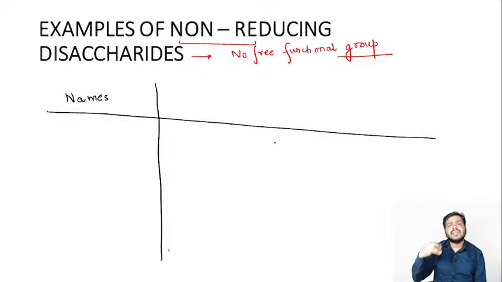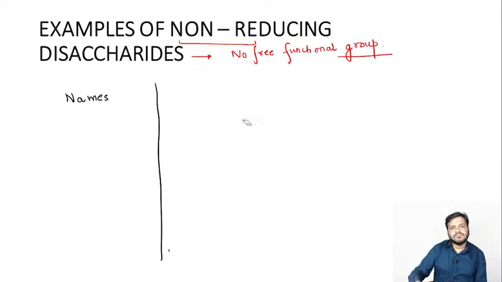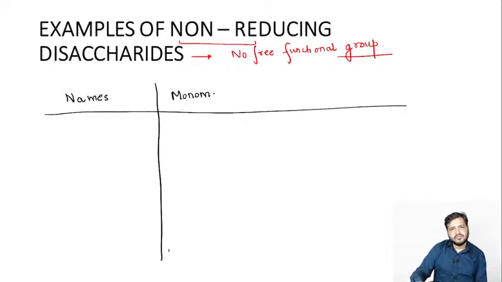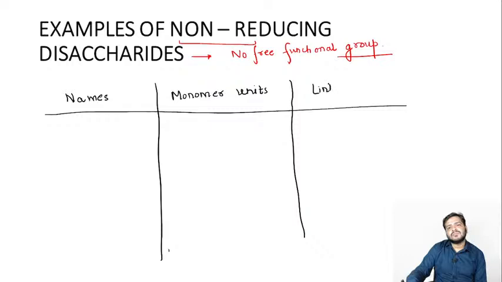The functional group is there, but they are engaged in the linkage. There is no free functional group which is present. We have the monomer units and we have the linkage.